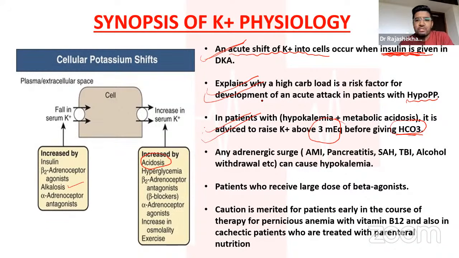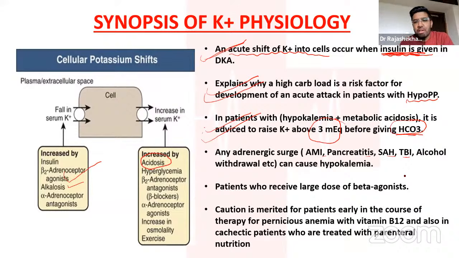And any adrenergic surge, like an acute myocardial infarction, pancreatitis, subarachnoid hemorrhage, traumatic brain injury, or alcohol withdrawal, these kinds of patients are going to have sympathetic overactivity. So this can cause hypokalemia in many patients.